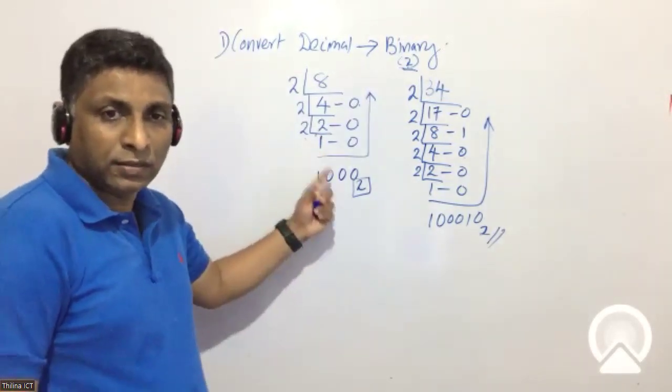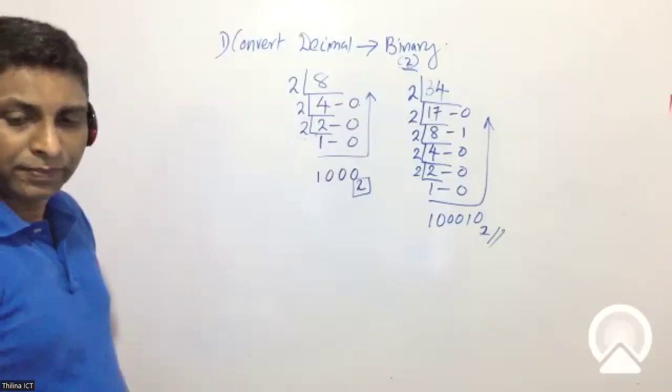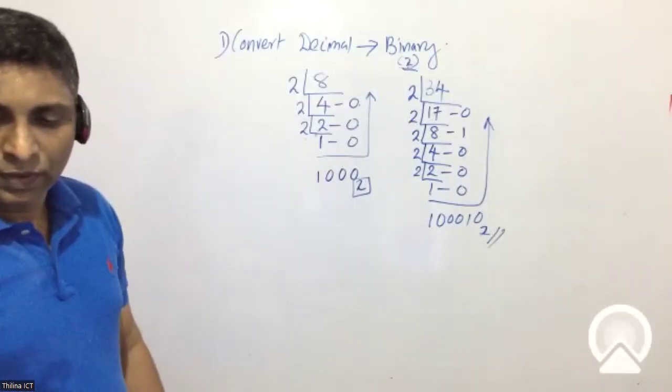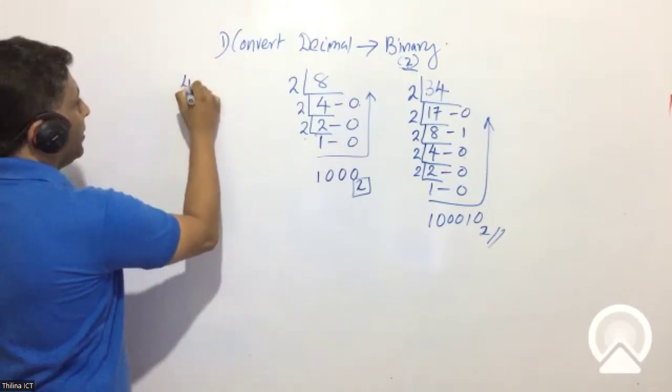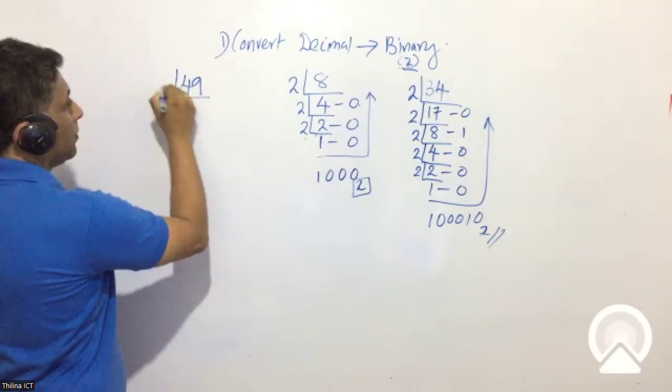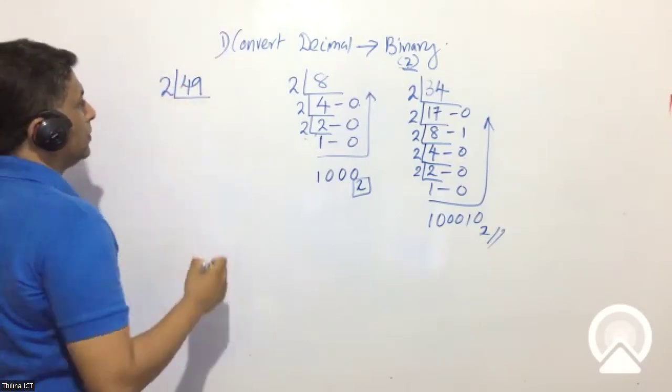Write down these things. So with me, write down these things, right? Now the third example, 49 divided by 2.